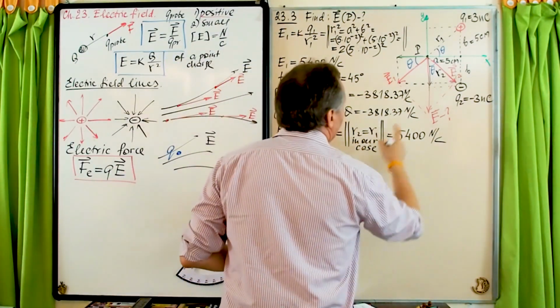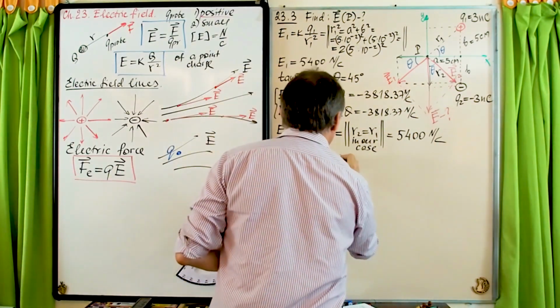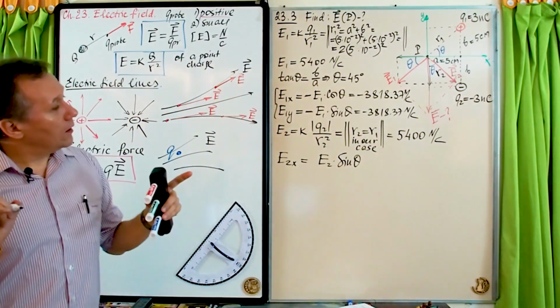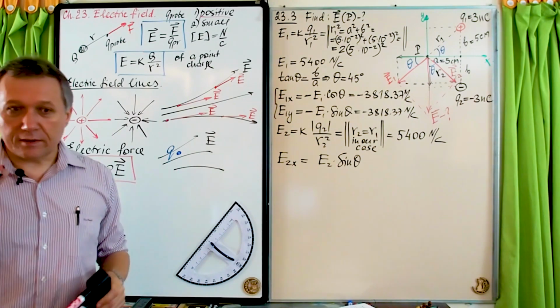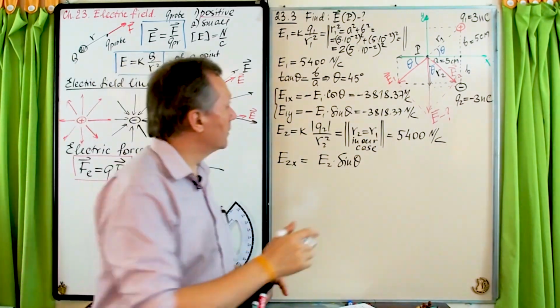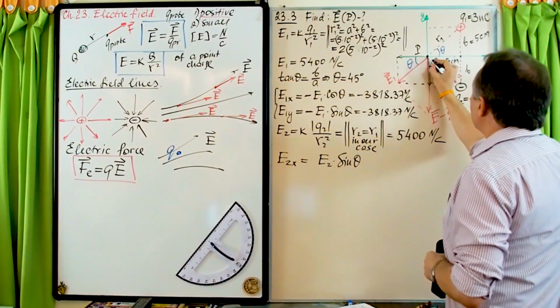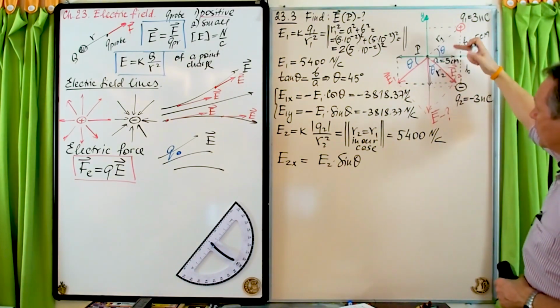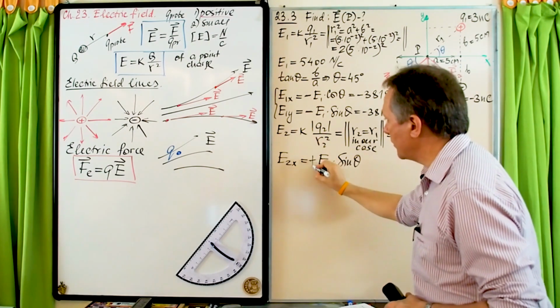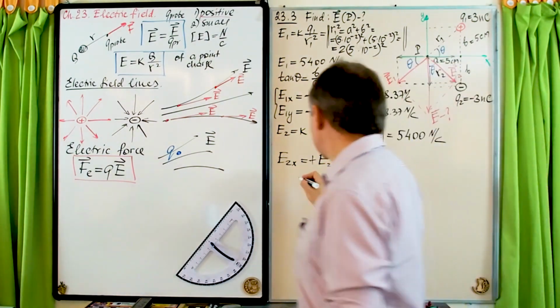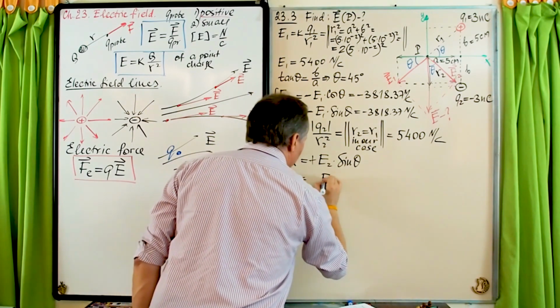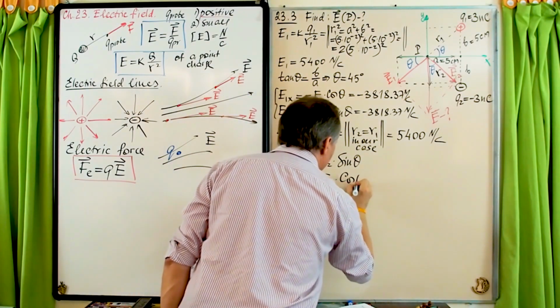So in this case, the x component can be found using sine of theta. Is that component positive or negative? We're talking about this component. It points in the positive x direction, so it must be positive. So I put plus. And the y component will be E2 times cosine theta.